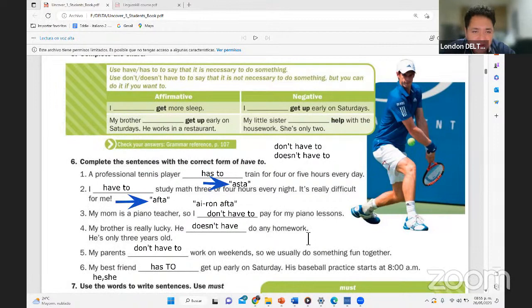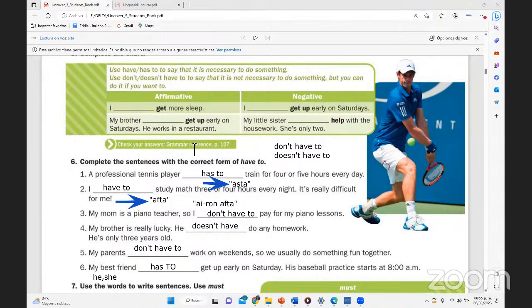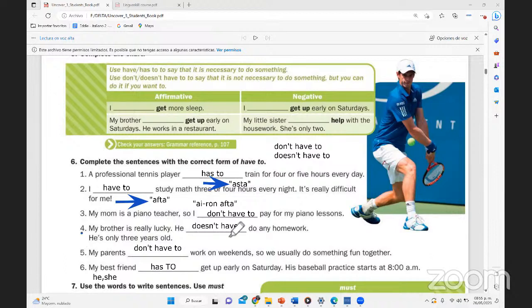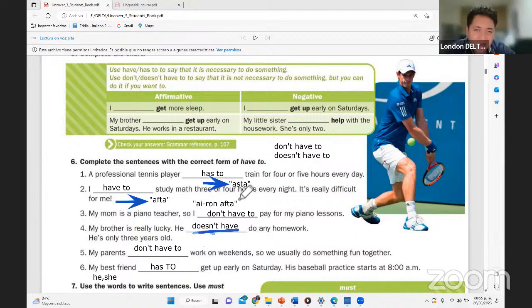Please, Lisbeth, number 4. My parents iron after work on weekends. Sorry, number 4. Okay. Number 4. My brother is really lucky. He iron after do any homework. Pero aquí tenemos "doesn't".